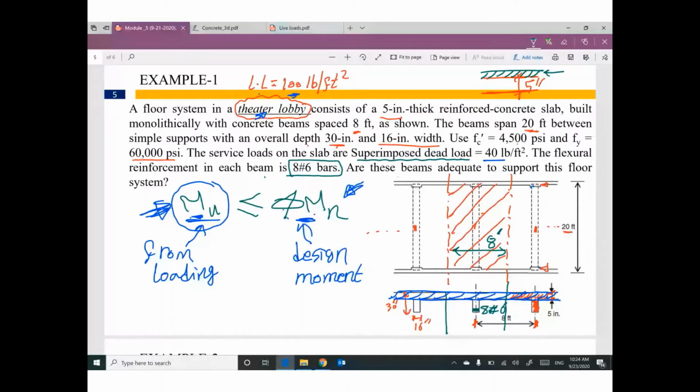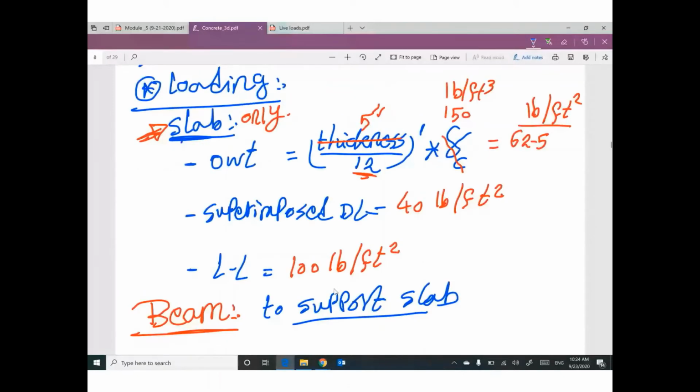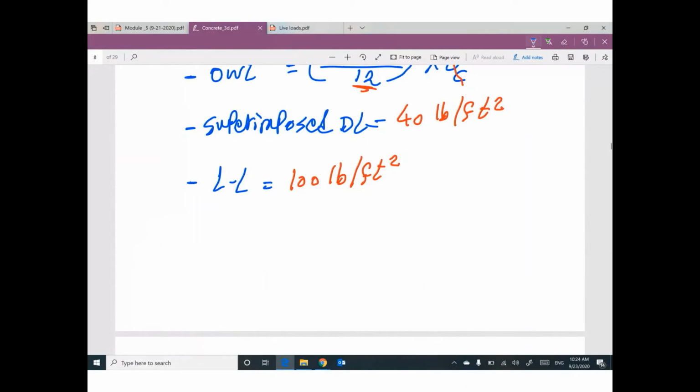So this surface load of the beam, I can write it here, from slab, W dead load, W live load. How much?